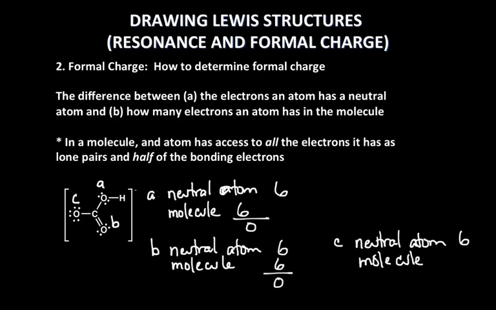That's 2 electrons. Half of them go to that oxygen, so it's got 7 electrons in the molecule, so it's got a formal charge of -1. So there are the formal charges for those 3 oxygen atoms in the bicarbonate ion. That's just how to calculate them. We'll talk about how to use that in a minute.